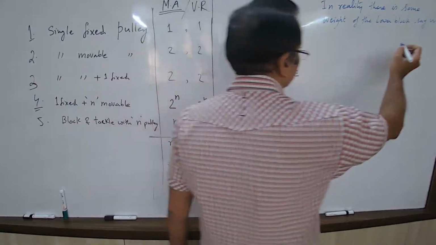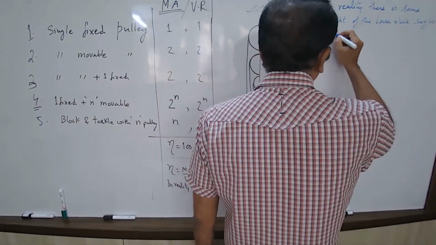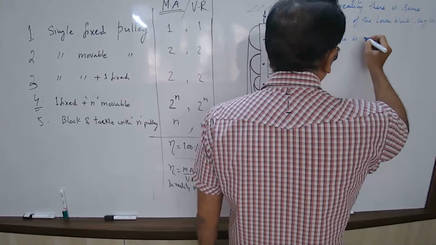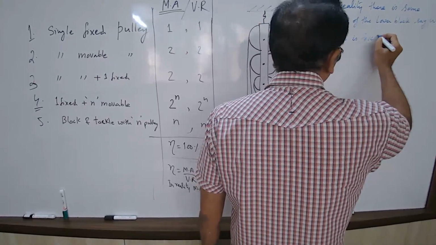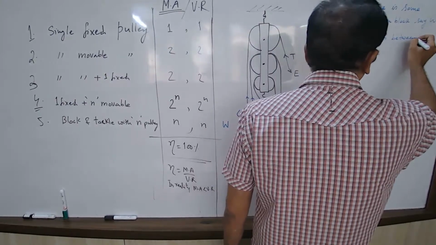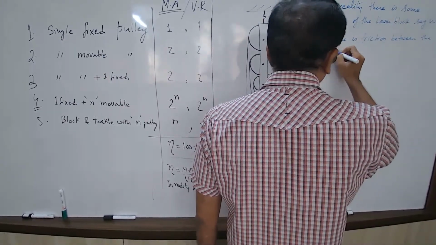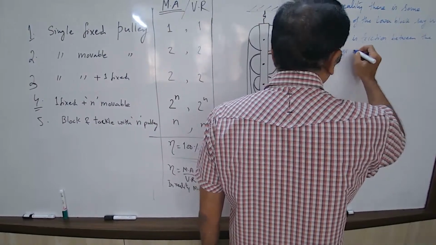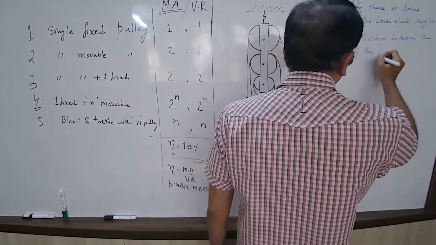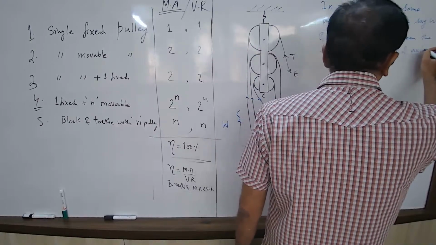And there is friction between the bearings of the pulley and axle.